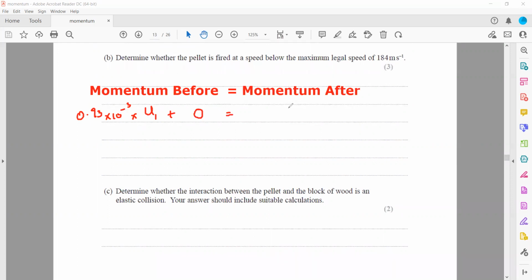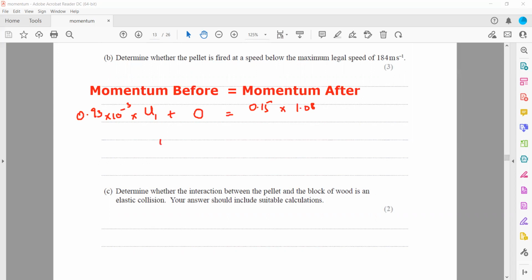Then after the collision they stick together and move together, so the total mass is 150 gram, or 0.15 kilograms, times the speed at which it is moving, 1.08 meters per second.